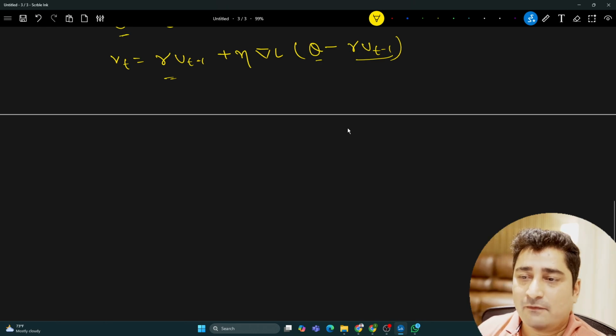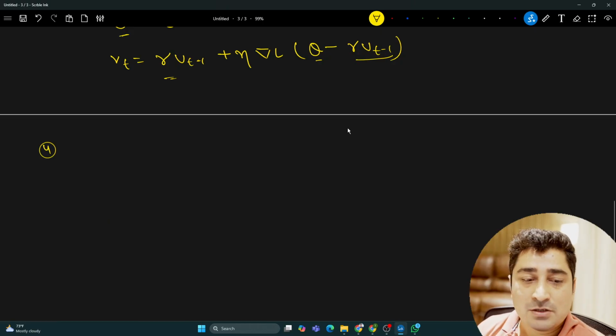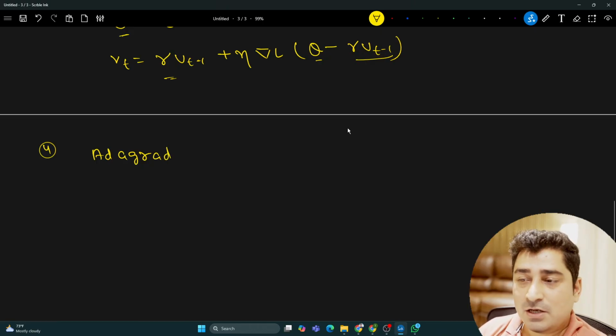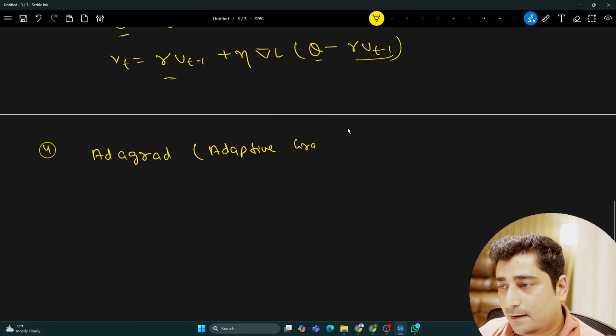Then people came up with another equation. Again, people are playing with the Vt. At the end of the day, everyone is playing with the Vt, right? So there is something called Adagrad, the adaptive gradient algorithm.